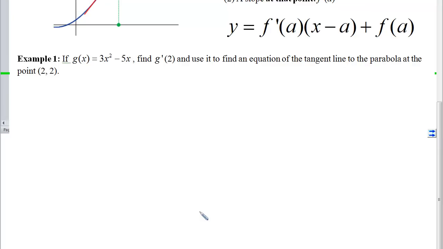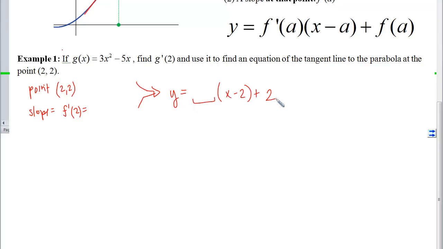Anytime you're dealing with equations of tangent lines, you will need to be able to write down a point and a slope that goes with that point, which in this case will be the derivative at 2. Once you have those two together, you can write the equation of the line, which will be y equals that slope times x minus the x coordinate plus the y coordinate.